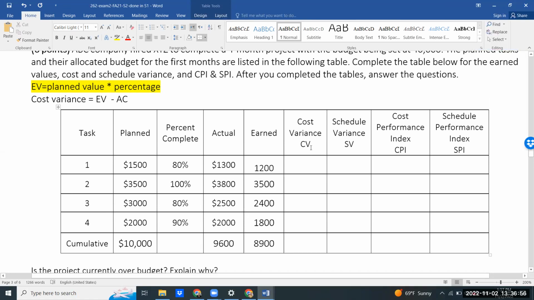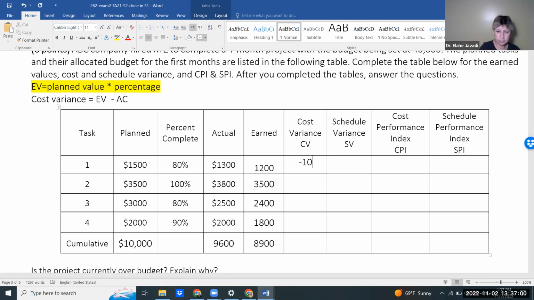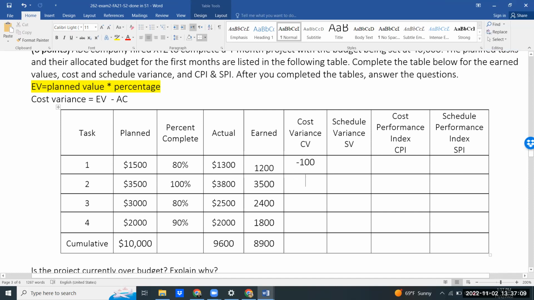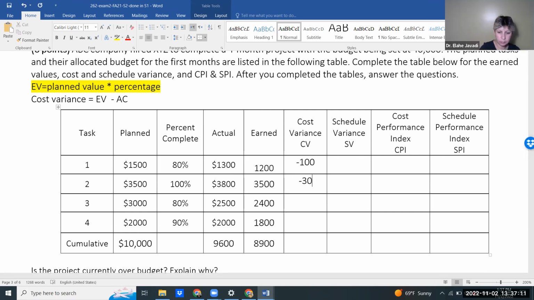That would be negative 100. Exactly. This one is over budget by $100. Jacqueline, next one, please. Negative 300. Negative 300 is over budget by 300. Thank you, Dustin. Next one, please. Negative 100. Negative 100, over budget by 100.